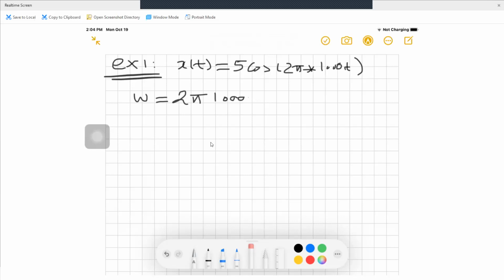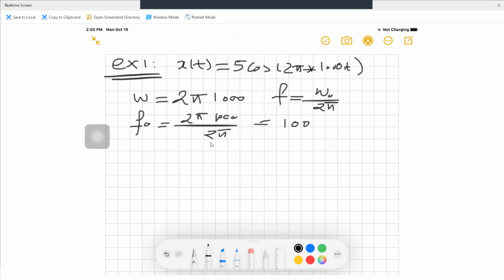Now what will be f? As you know, f naught equals omega naught divided by 2 pi. So f naught, or the fundamental frequency, will be 2 pi 1000 divided by 2 pi, and it will be 1000, or 1 kilohertz.